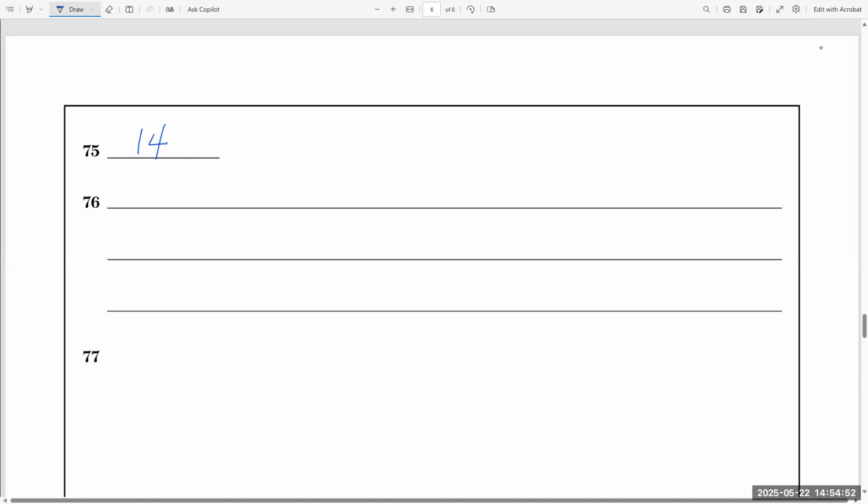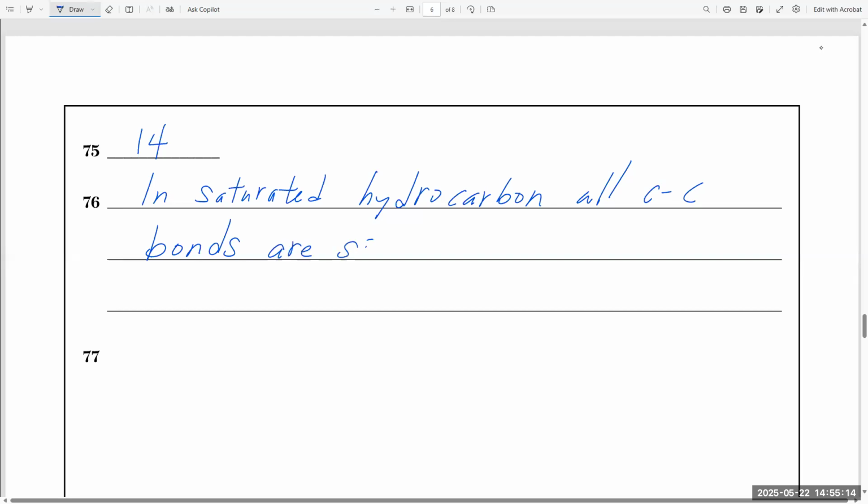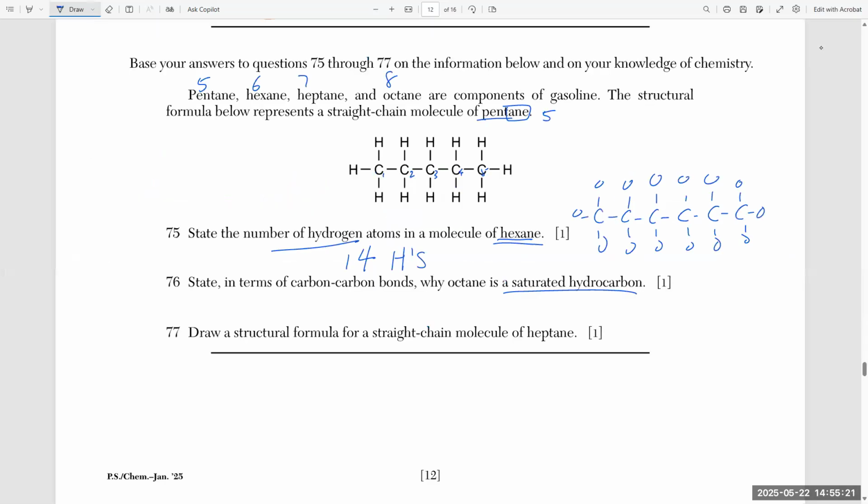So in a saturated hydrocarbon, all carbon-to-carbon bonds are single bonds. Okay? That's a definition.